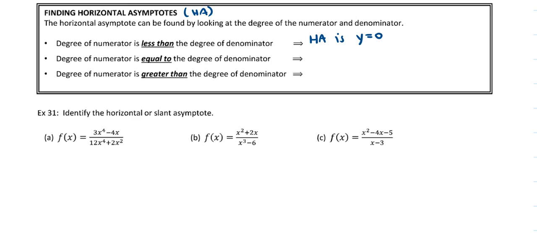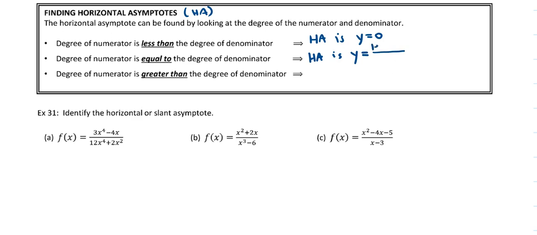Now, a little bit more complicated, but not too bad. If the degree of your numerator is equal to the degree of your denominator, right away you have your horizontal asymptote. You're going to set up a ratio. It's always y equals, but it has to do with leading coefficients.